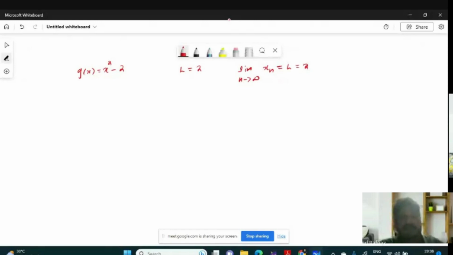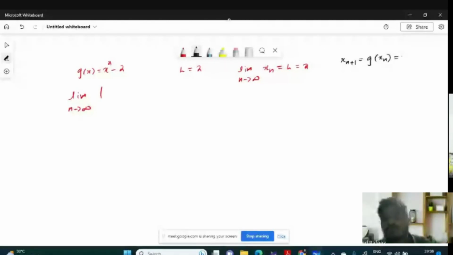So we need to find limit n tends to infinity x n plus 1. What's the formula? For the iterative method, x n plus 1 is g of x n, that is, you have taken x n square minus 2 here.